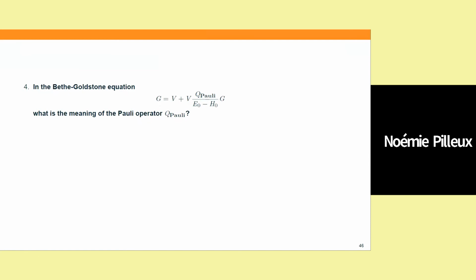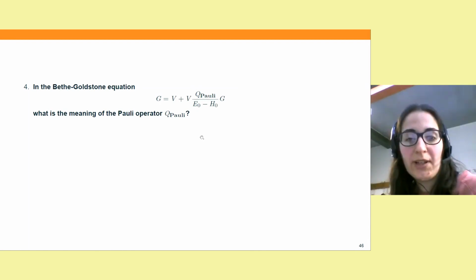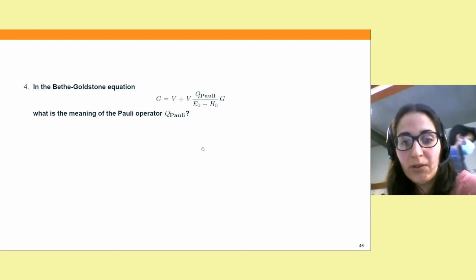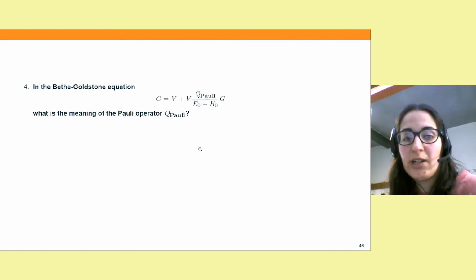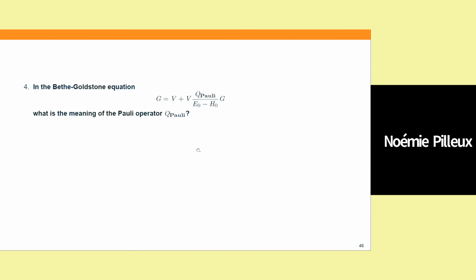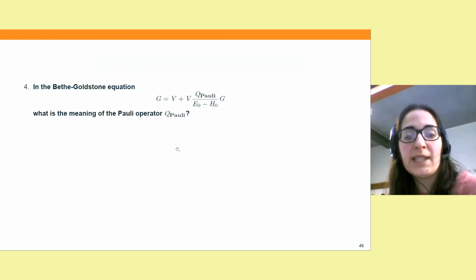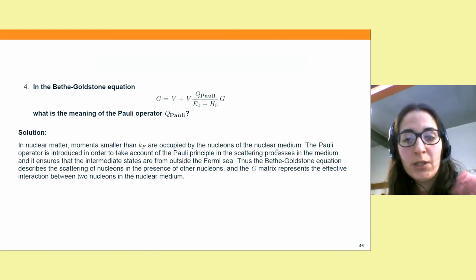I think it has to do with the fact that the nucleons interact also with other nucleons. Yeah, it has to do with the fact that we are in the medium, right? So nucleons are occupying a Fermi sea, occupying the lowest momentum states up to the Fermi momentum.